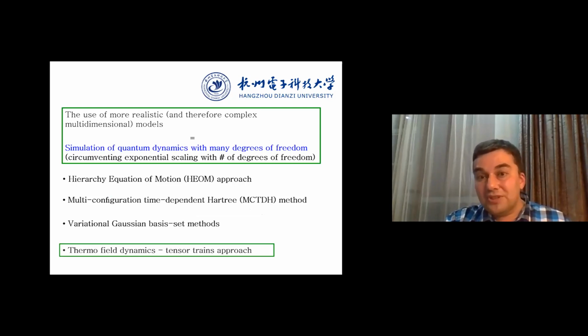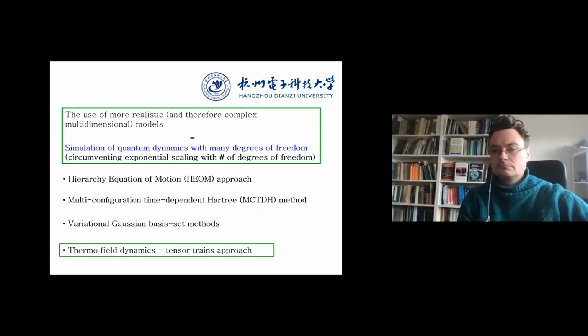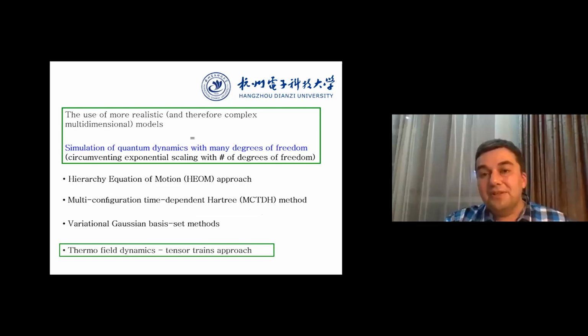And of course, there exist many very well established approaches. If we speak about dissipative dynamics, then the most powerful approach is, of course, HEOM. And HEOM was applied many times to the simulation of various spectroscopic signals.